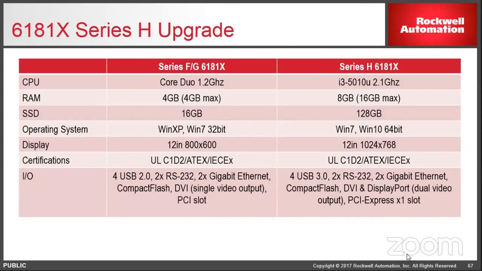We didn't change that at all because we didn't want to upset the apple cart with UL and ATEX. We also added the PCI Express slot, versus PCI before. Softing doesn't really make a lot of the PCI cards we rely on anymore, so we went to PCI Express as well.